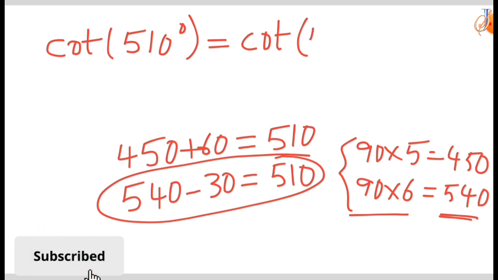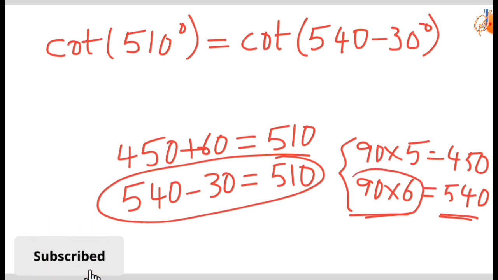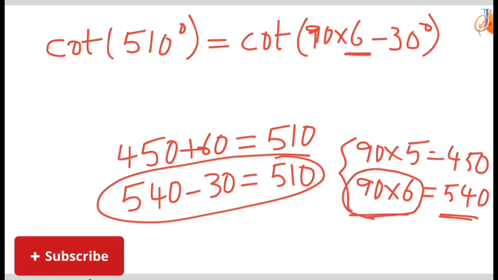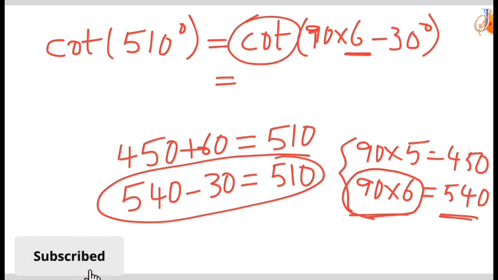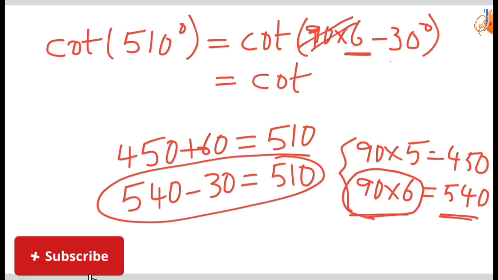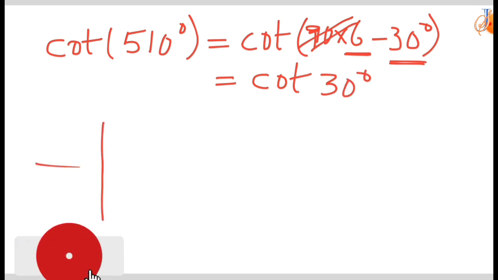510 we write in terms of 540 minus 30. So this 540 you write in terms of 90, that is 90 times 6. Here our n value is even, so no need to change the function, just write cot only. Cot of, leave this, you just write 30, cot 30. 510, which quadrant is it in? Let's check.